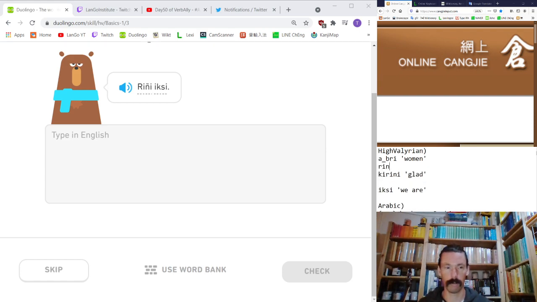Ye girls. Just for convenience, I'm going to use two symbols for the nya, N, and then a tilde on its own. Girls. So we could have an E, potentially, E suffix marking plural. Two is not much to build on, but keep an eye out for it. Rini iksi.